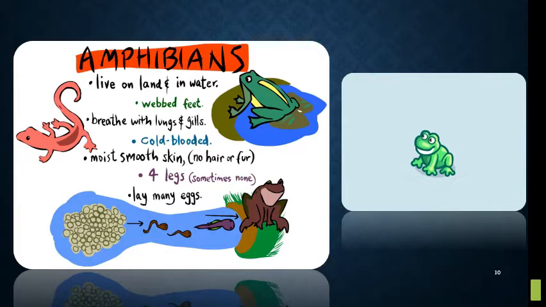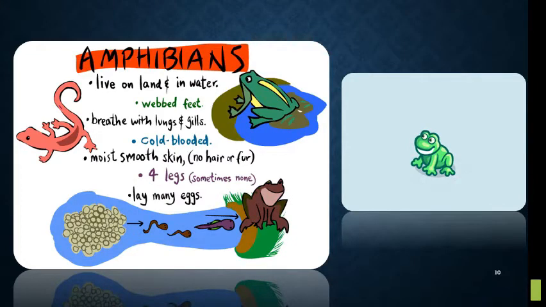So they have webbed feet, and they breathe with lungs and gills. For that reason I tell you that amphibians are very special, they have moist and smooth skin, moist, húmedo, and smooth skin, suave piel. They don't have any hair or fur.